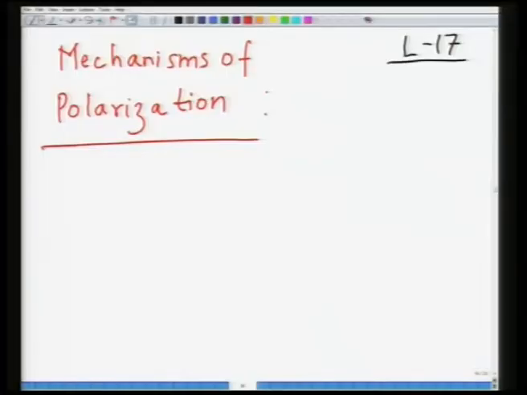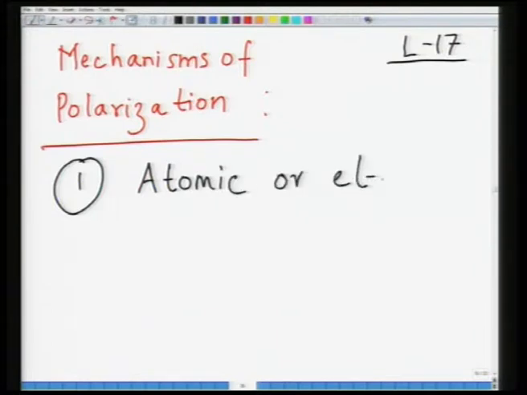Polarization arises from separation of positive and negative charges, and this separation of the center of positive charge with respect to the center of negative charge can happen at various scales. The first of these scales is referred to as atomic or electronic.